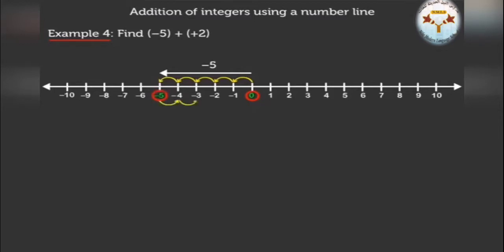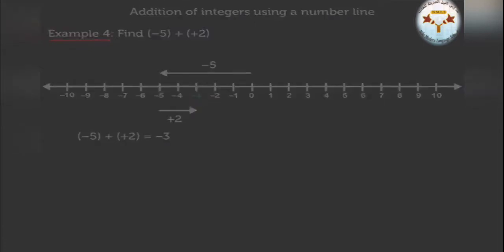Move 2 places more to the right, and this movement takes you to negative 3. So negative 5 plus positive 2 equals negative 3. From this, we can say that the sum of a positive integer and a negative integer will have the sign of the integer with the greater numerical value.